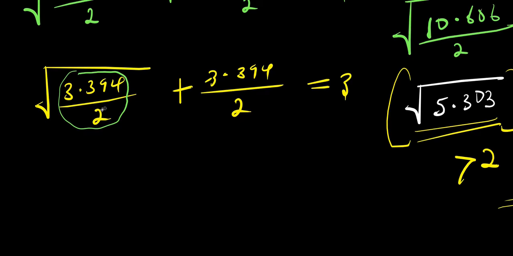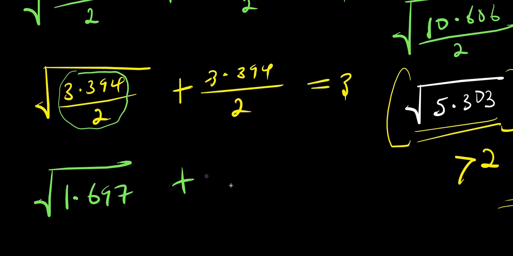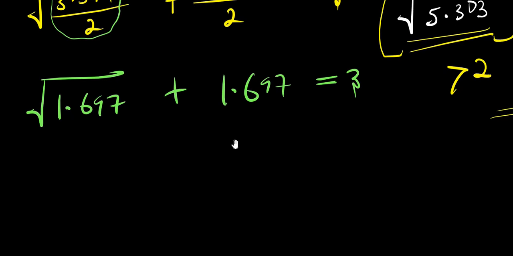If you divide this by 2, you are simply going to have 1.697. So this is square root of 1.697 plus 1.697 equals 3. So what we need to do is to take the square root of 1.697.